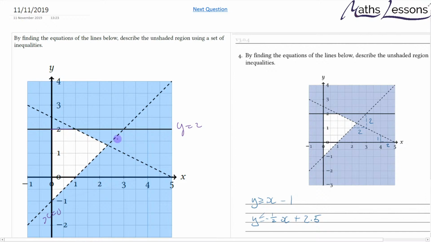We should know about y equals mx plus c, where m is the gradient and c is the y-intercept. We can see this is going to cross at -1, and for every 1 you go along, you go 1 up, so the gradient is 1. So we effectively have y equals 1 lot of x, which is just x, minus 1, where we cross the y-axis.